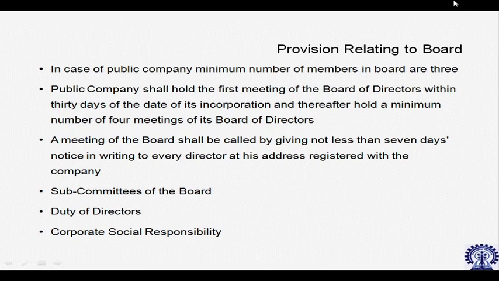Not only that, as I have talked with you, in case of a public limited company, now law prescribes that there should be subcommittees in the board, like there needs to be an audit committee, a stakeholder grievance redressal committee, a succession committee, and a compensation committee.